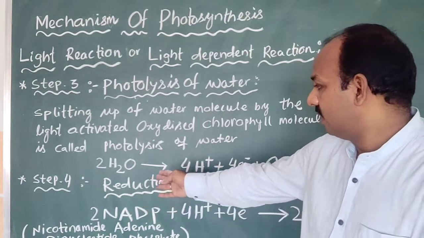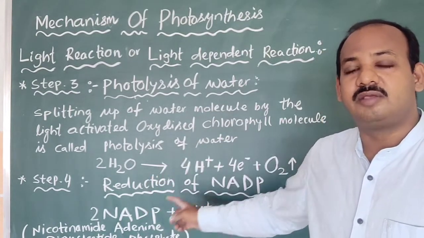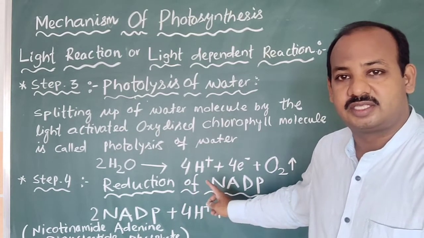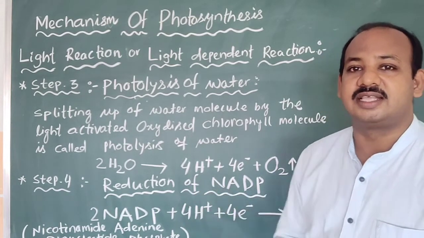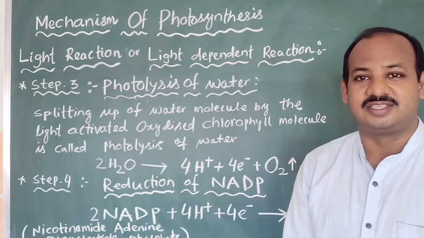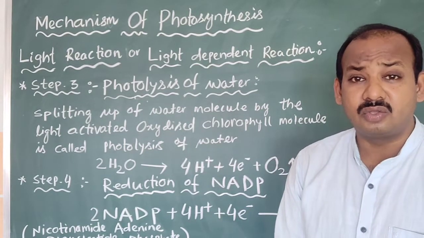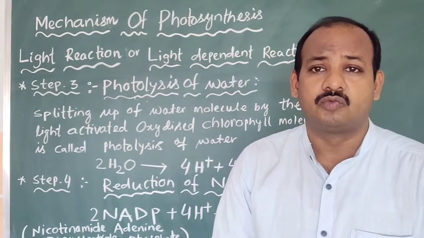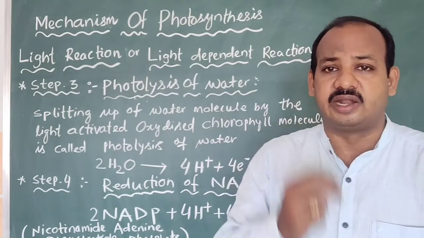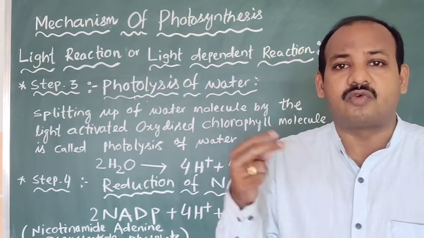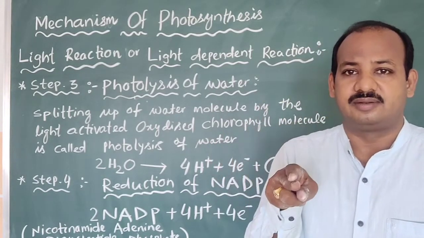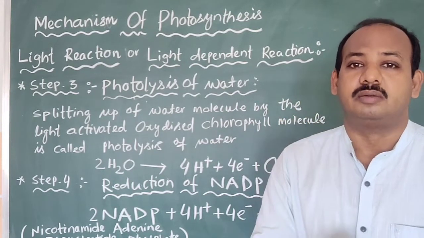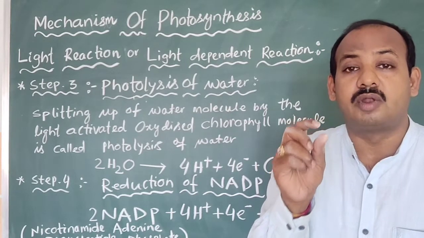See here the equation: 2H2O gives rise to 4H plus ions, that means protons, plus 4 electrons, and oxygen gas is evolved during photosynthesis. Okay children? So this is called Hill's reaction, also called photolysis of water. Photo means light, lysis means breaking down, so water is broken, split off by the oxidized chlorophyll molecule. And how does the chlorophyll molecule get oxidized?